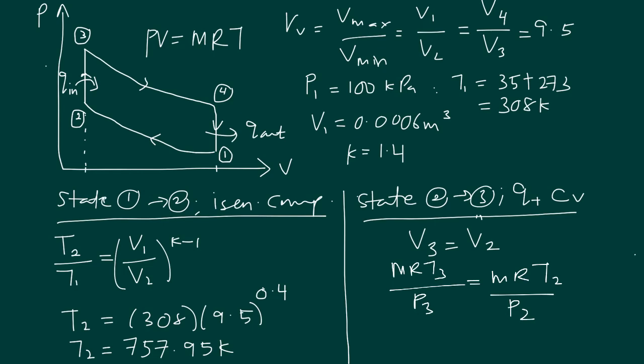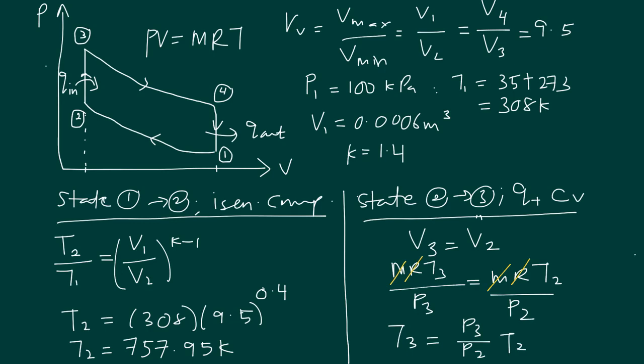Given that this problem is about constant volume, constant mass, so the mass will be the same, and we will use R air, so it is also constant, so you can cancel out. You are left with your T3 is equal to your P3 over your P2 times your T2.